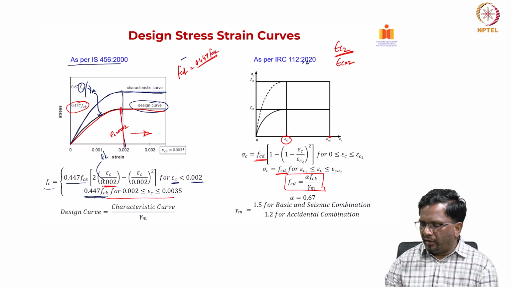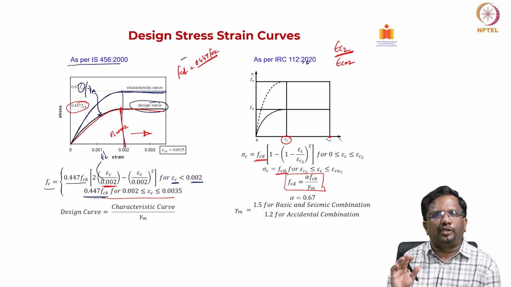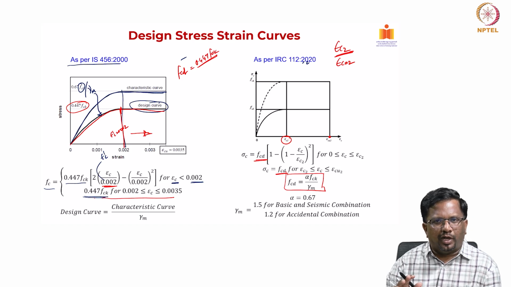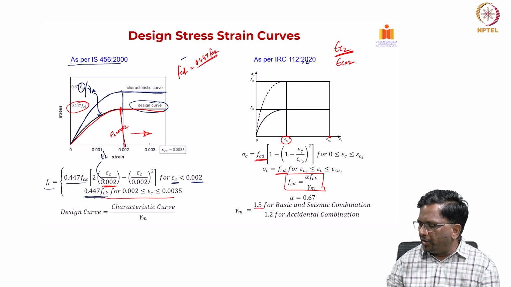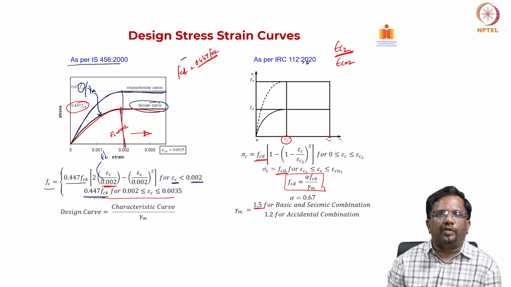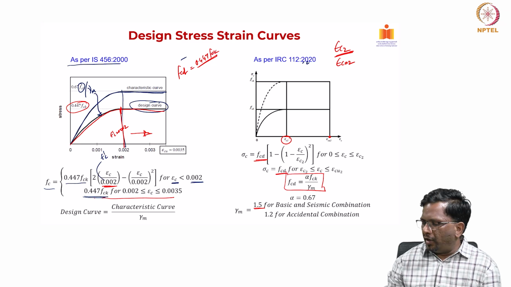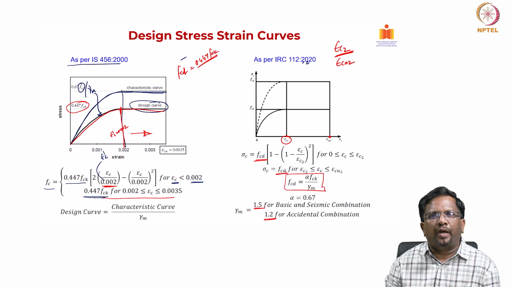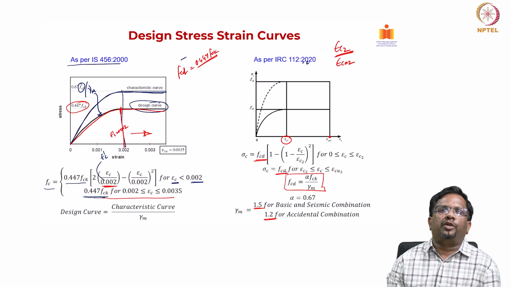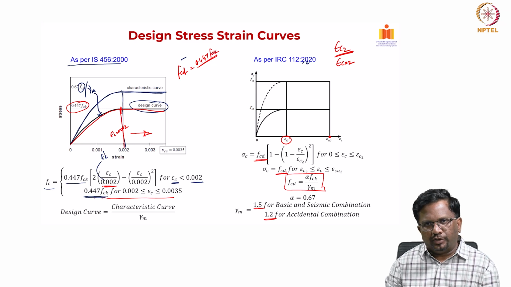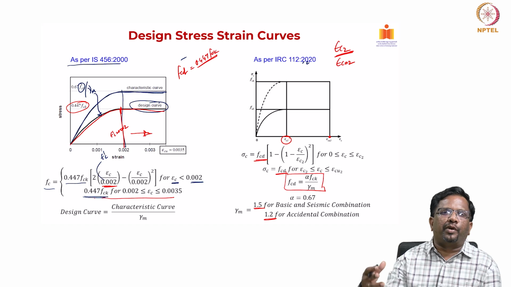And again, gamma m is kept constant at 1.5 in IS 456 or IS 1343. However, the IRC code takes 1.5 as the material safety factor for basic and seismic combination, and because it is mostly used for bridge applications, during the construction stage you may also have an accidental loading combination which will be of very temporary nature.